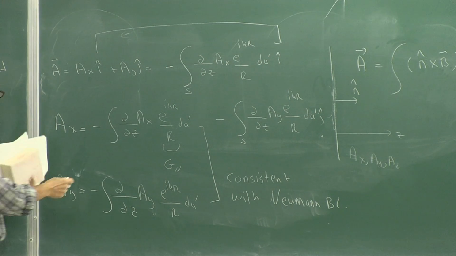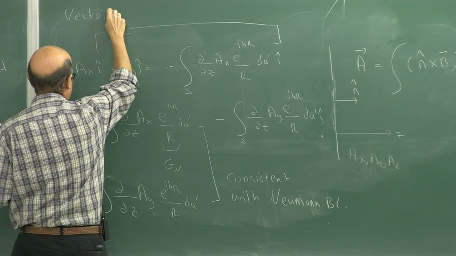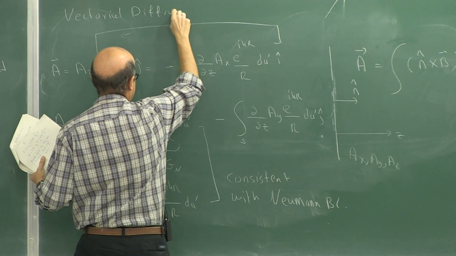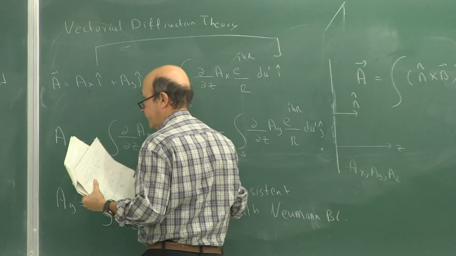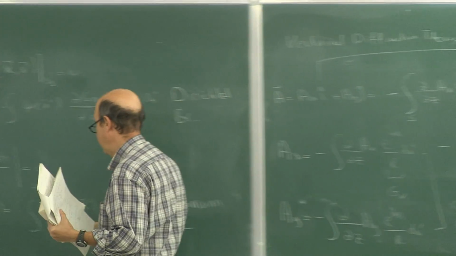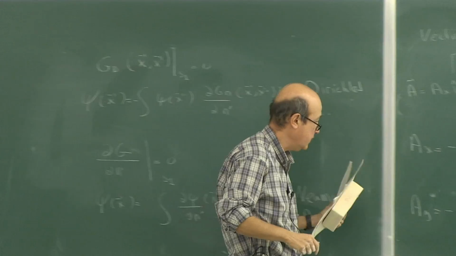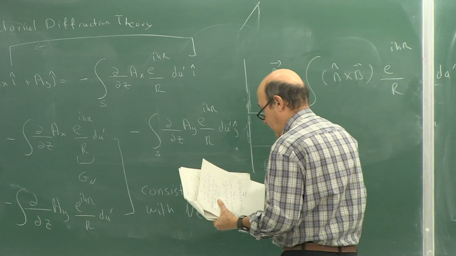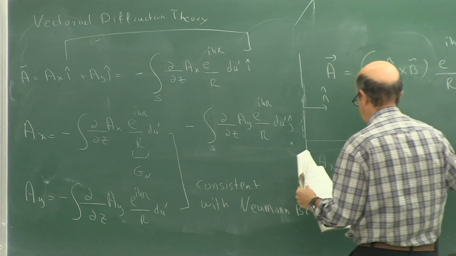So this part is called the vectorial diffraction theory. You can make a vectorial diffraction theory using the Dirichlet or Neumann boundary conditions, and we build up a vectorial diffraction theory for a flat screen using the Neumann boundary condition.